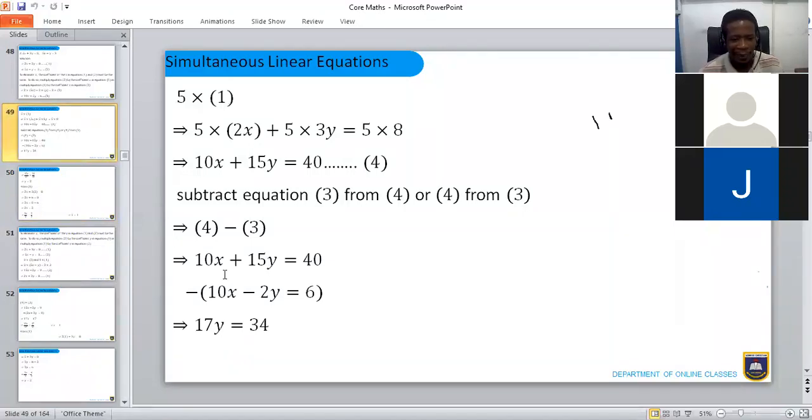Savannah, do you understand this part from equations 4 and 3? You don't know how we get the 10x plus 50 equals 40? Actually, I went off. You went off. All right.